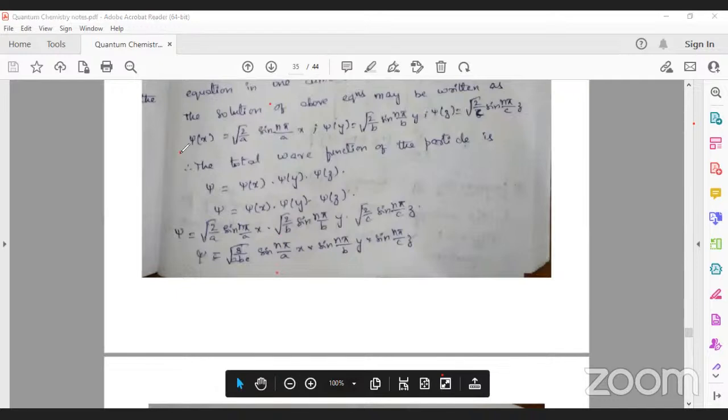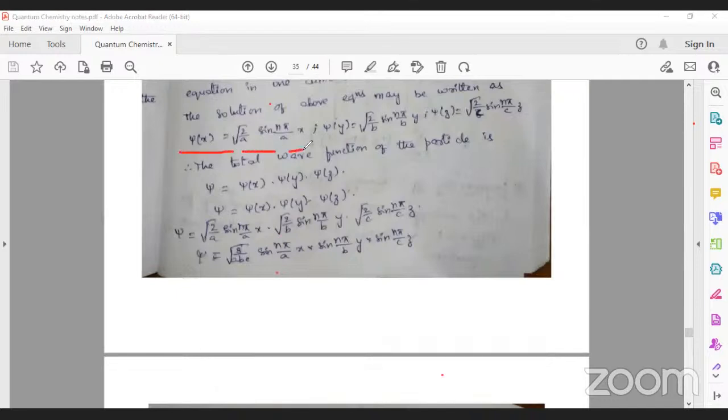So that's why ψ of x is equal to root 2 by a into sin(nπx/a). ψ of y is equal to root 2 by b into sin(nπy/b). ψ of z is equal to root 2 by c into sin(nπz/c). Right? So these are the individual solutions we are directly writing with respect to the particle in a one-dimensional box.